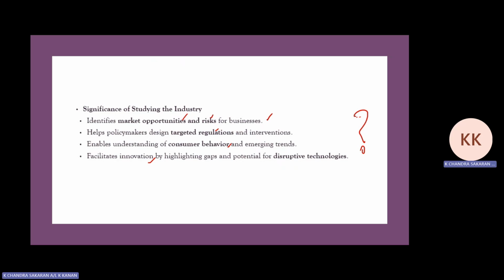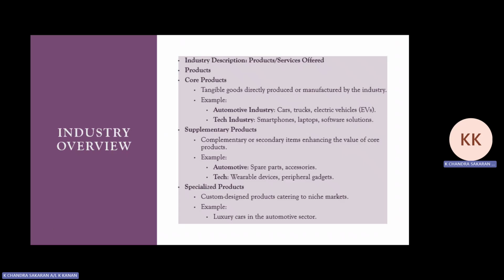Okay, industry overview. You must provide an overview of your chosen industry. When you talk about a particular industry, what are the things you should be writing about? The product: what are the core products of the industry? Is it tangible? Is it a service industry? For example, the automobile industry produces cars and trucks.